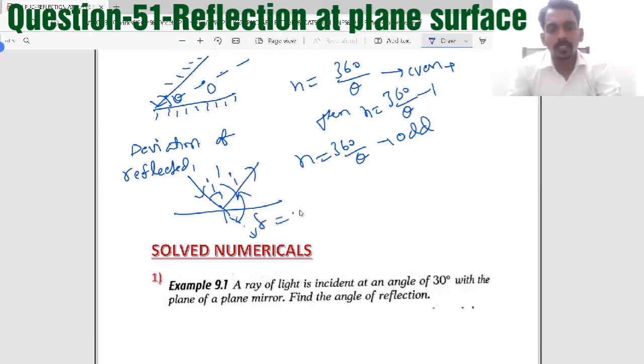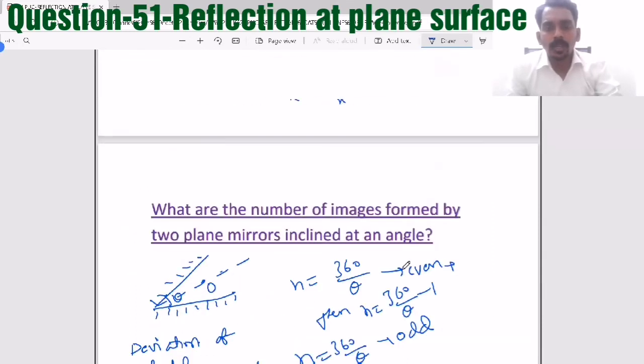So the angle of deviation is 180 minus 2i, because the total angle is 180 and this angle is i plus i, 2i. So the deviation will become 180 minus 2i. Sometimes they can ask what is the deviation produced in the path when light got reflected from an interface, from the boundary. So let's see a few numericals.